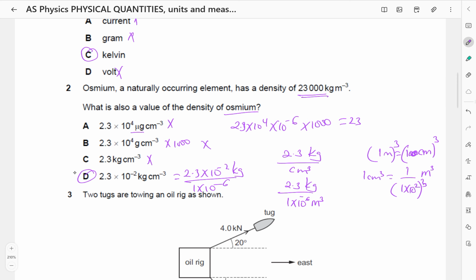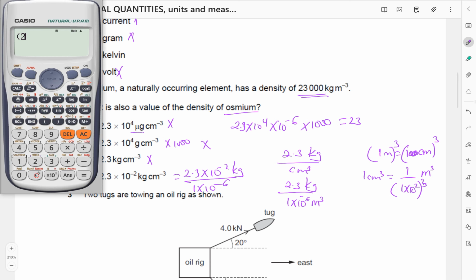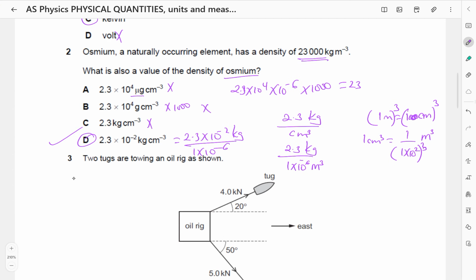So we can check 2.3 times 10 power negative 2 divided by 1 times 10 power negative 6. So it is 23,000. So this is going to be the correct answer, and this one is not going to be correct.